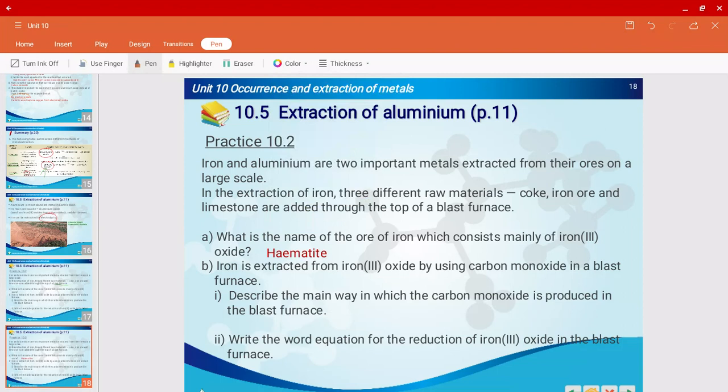Question B. Iron is extracted from iron 3 oxide by using carbon monoxide. This is method 2, if you remember. In a blast furnace, describe the main way in which carbon monoxide is produced. So how is carbon monoxide produced in this case?